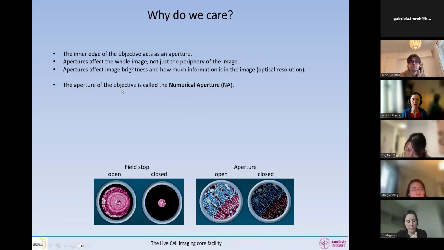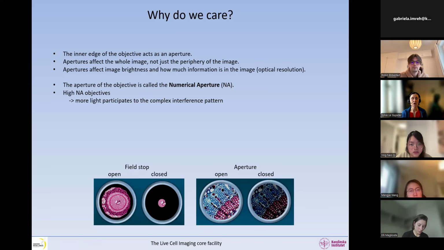So the aperture of the objective is called the numerical aperture. It's abbreviated as NA. This is one very important specification of the objective, and we will talk about that in the objective lecture. If you have a high NA objective, a high numerical aperture objective, we have more light that participates in this 3D interference pattern, which is the point spread function.